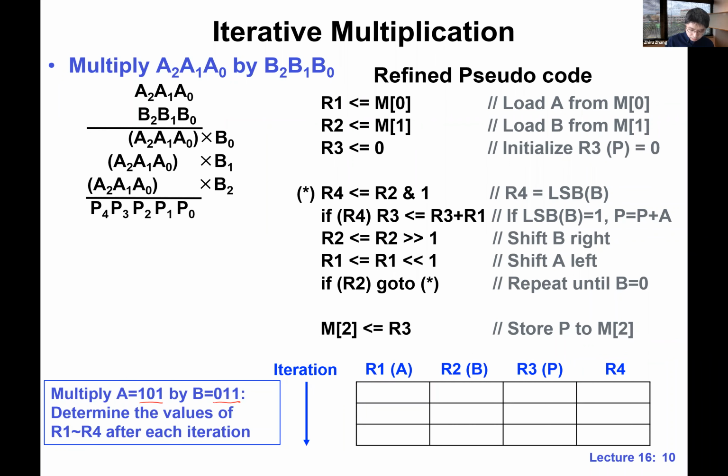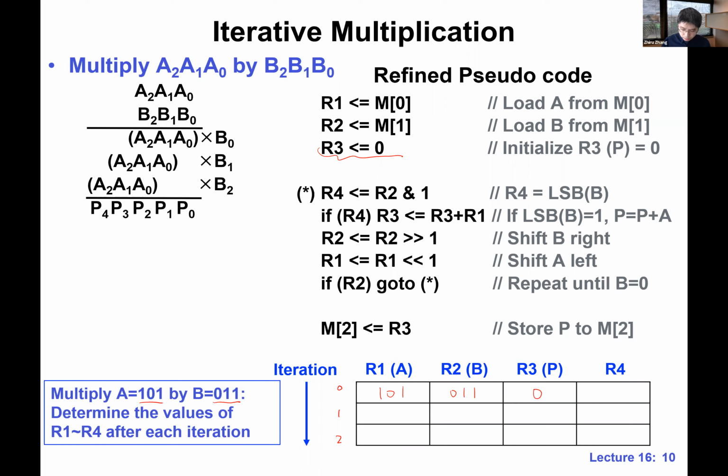Iteration 0 means initially, what are the values in these registers? R1 holds A. What's R1 initially? It's 101. R2 is 011. R3 is initialized with a 0 here.